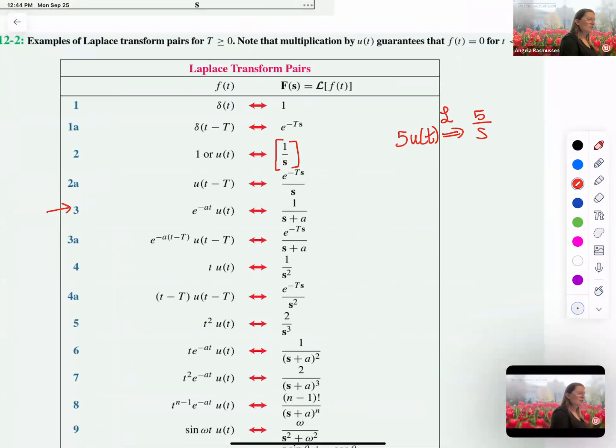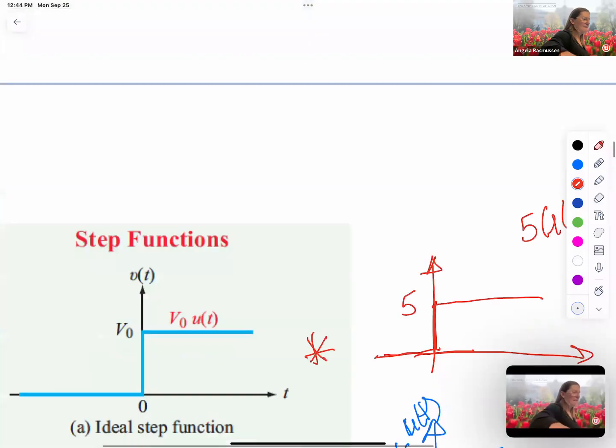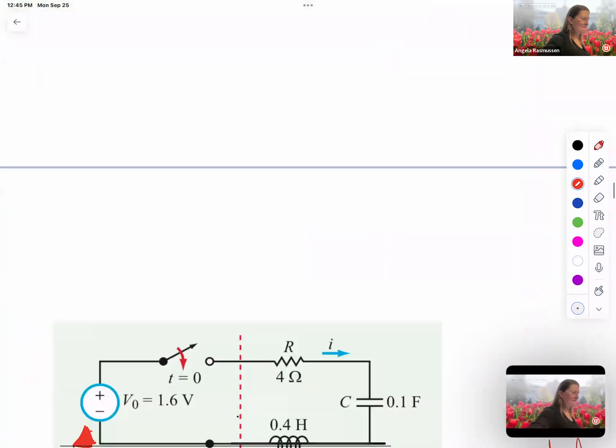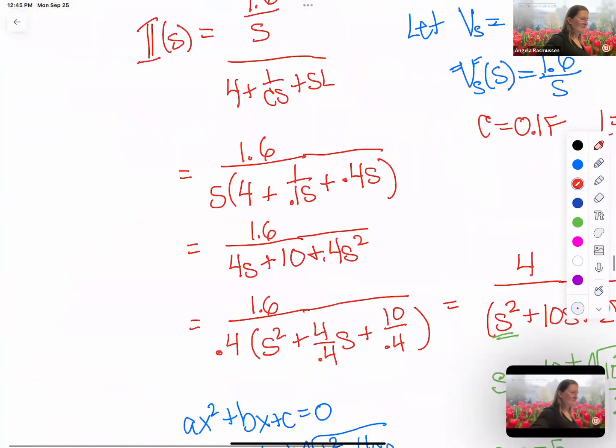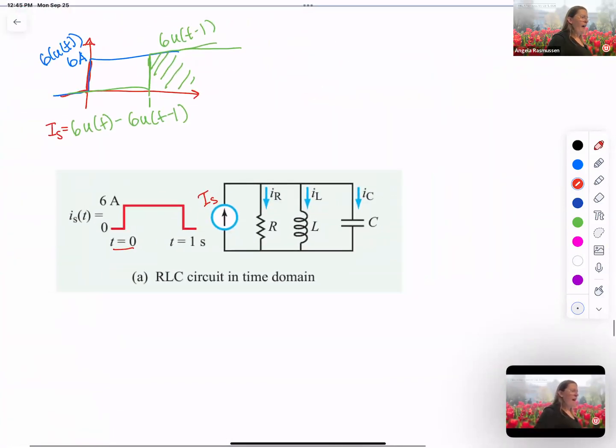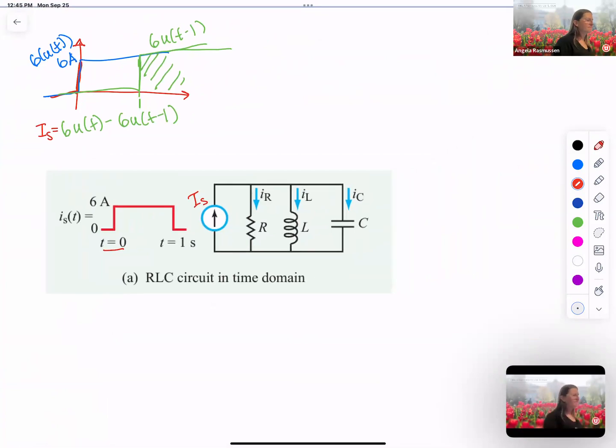The u(t minus T) is going to go to e to the minus TS over S. And then say you have an actual sinusoid signal, it would go to omega over S squared plus omega squared. Yeah, I remember.